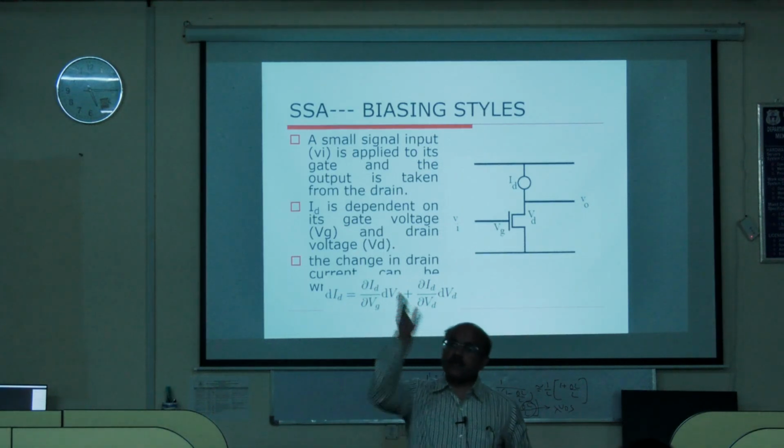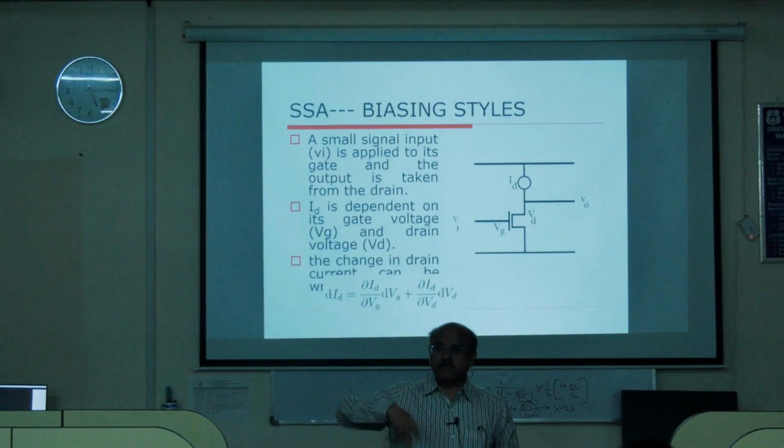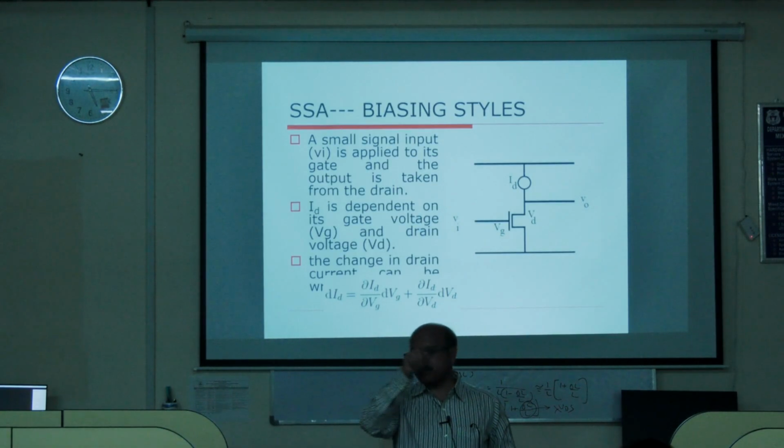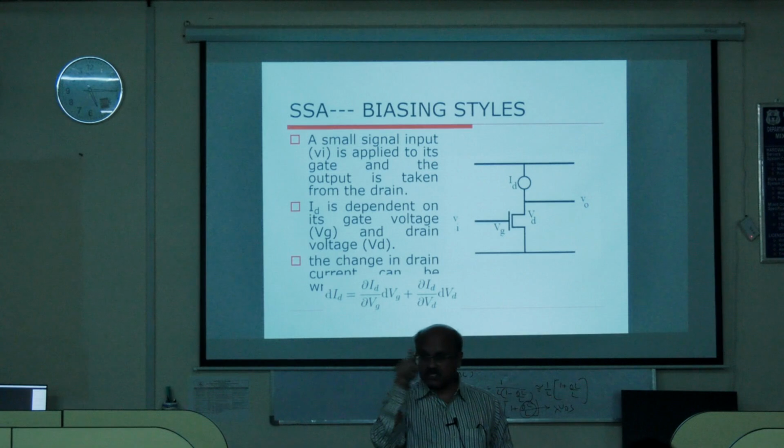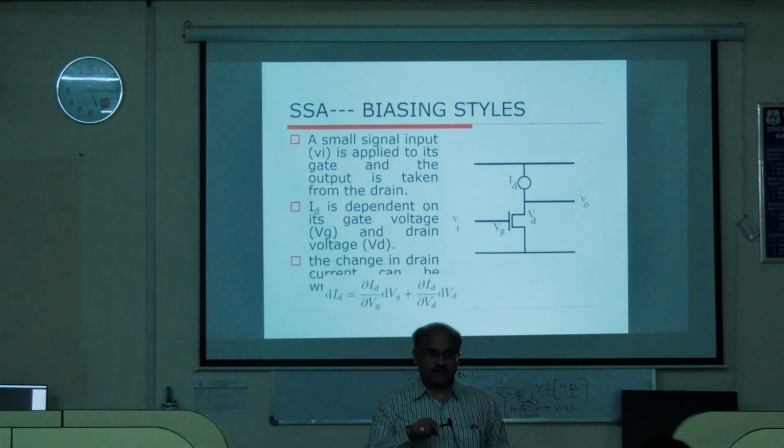Try to recall the Miller theorem: in an amplifier when there is an impedance between the output and the input, it can be replaced at the input. If the impedance is Z, it is seen as Z by 1 minus AV.